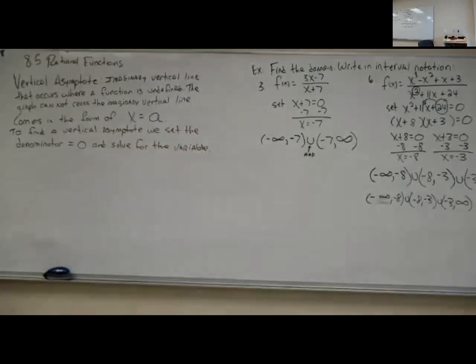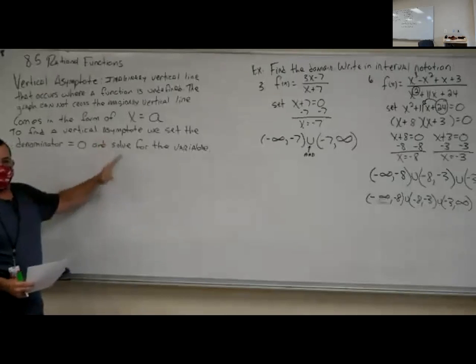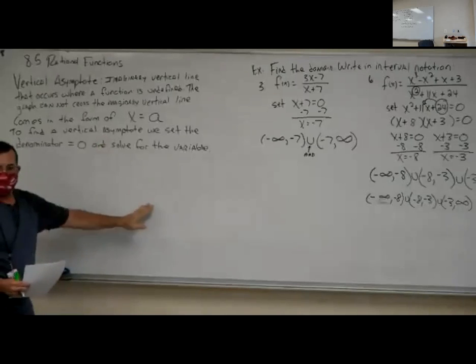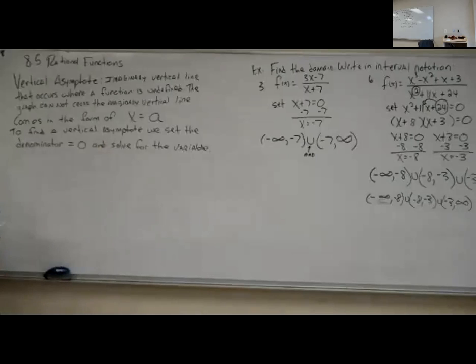Okay, so basically what we've been doing today would be the way I find my vertical asymptotes, okay? And I'll show you a graph of them. But usually on a vertical asymptote, you have one side goes up and the other side comes down, but they never cross that line, okay?